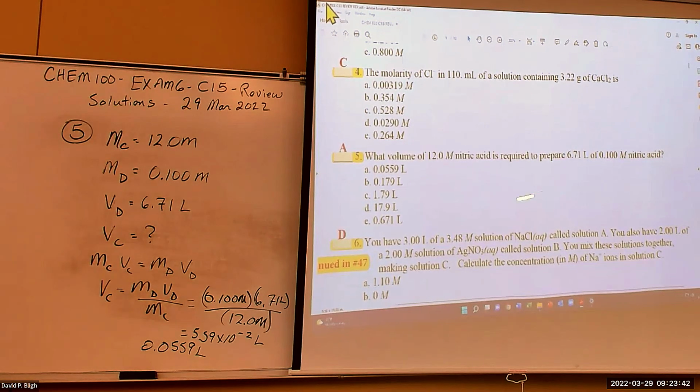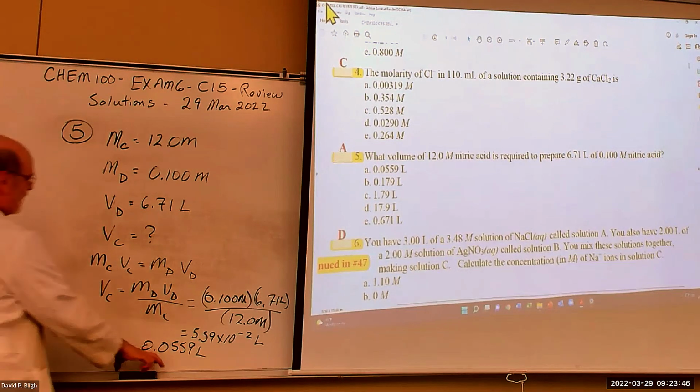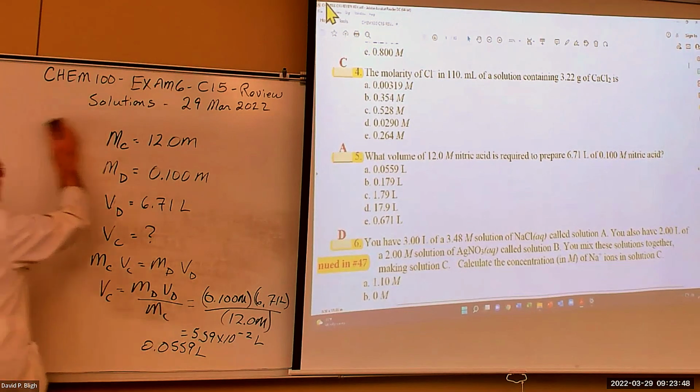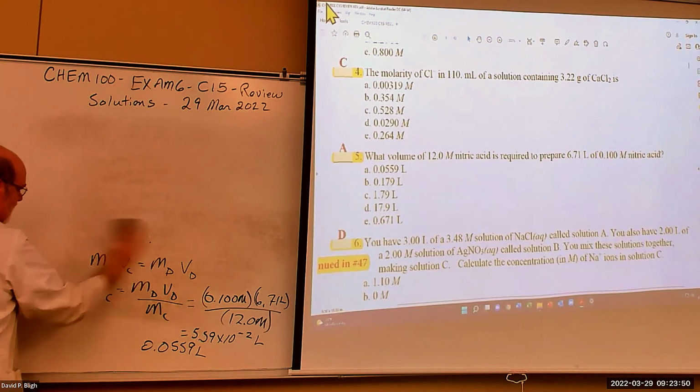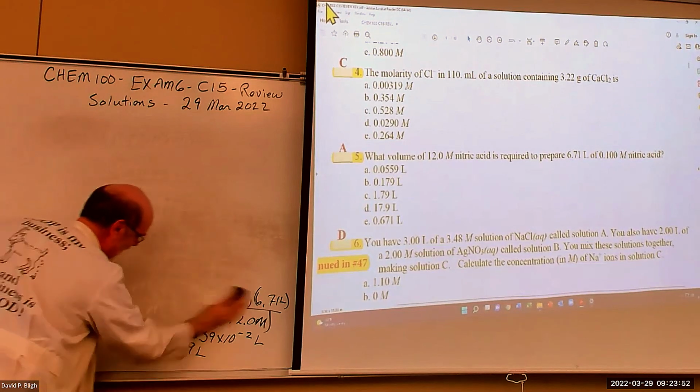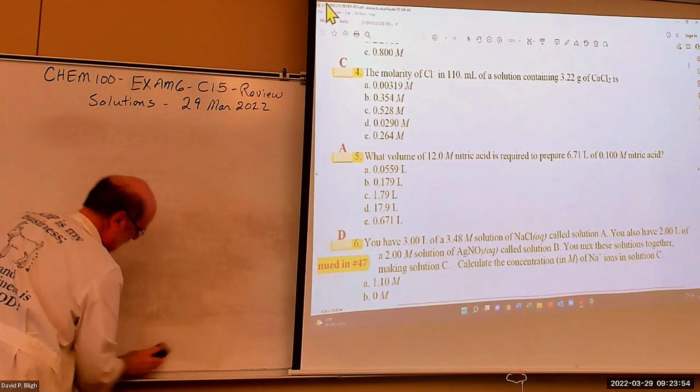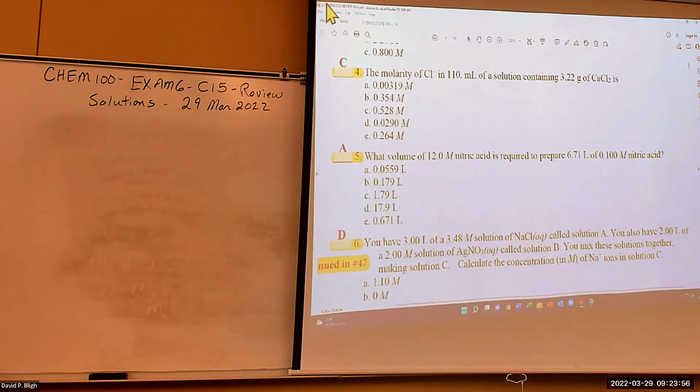Now it matches. Sometimes in a multiple choice test, the possible answers give you clues as to where you're headed with your problem.